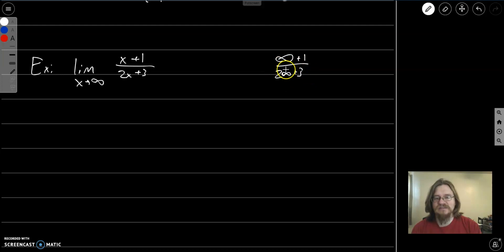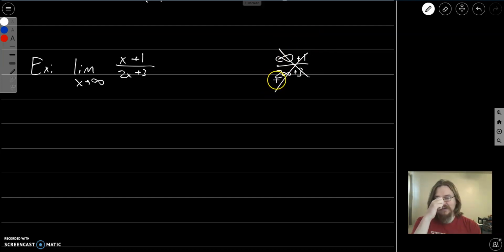This doesn't make any sense. Don't do this, because infinity is not a number. You can't plug it in. I can't take 2 times infinity. You can't take 2 times apple. You can't take 2 times the word "the." Infinity is not a number. You can only multiply and add numbers. So this doesn't work. So we need to find a new way.